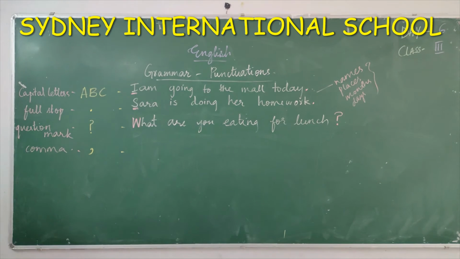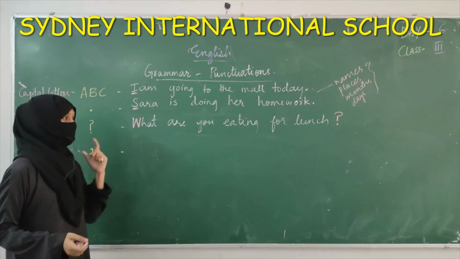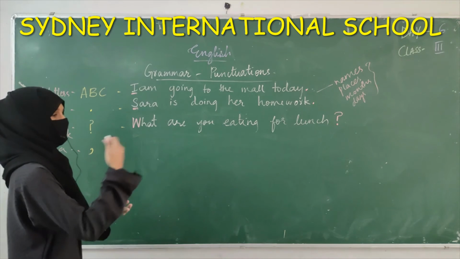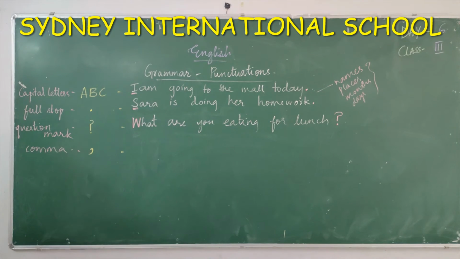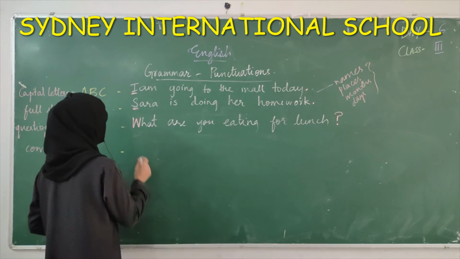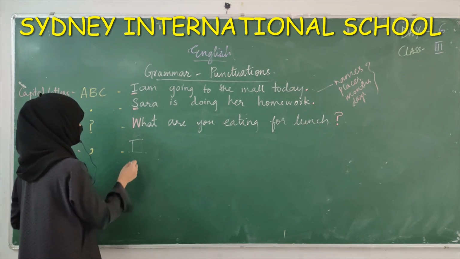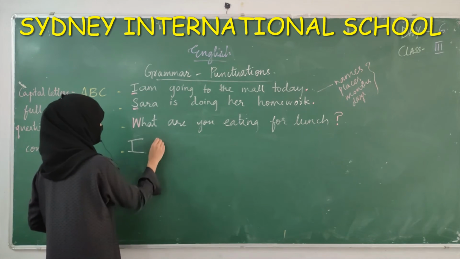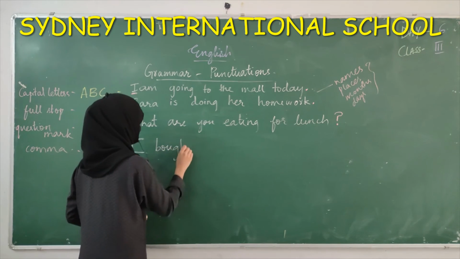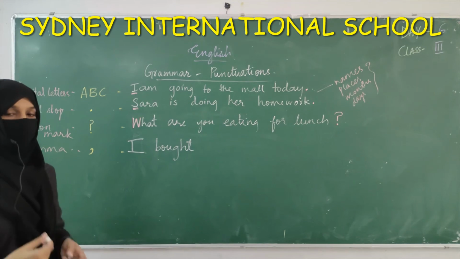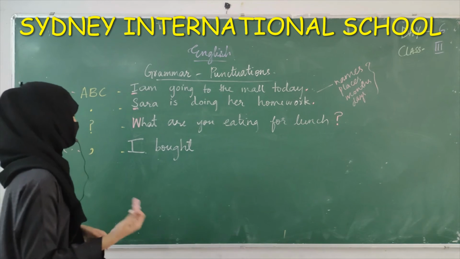Okay? Next, comma. Comma is used in the middle of a sentence to separate a list of given things. For example, I went out shopping and I'm telling you that I bought these many things. I'm listing the things that I bought from a mall or a shop. So, I went out to a shop. I bought some things for you, and I'm telling you what I brought.